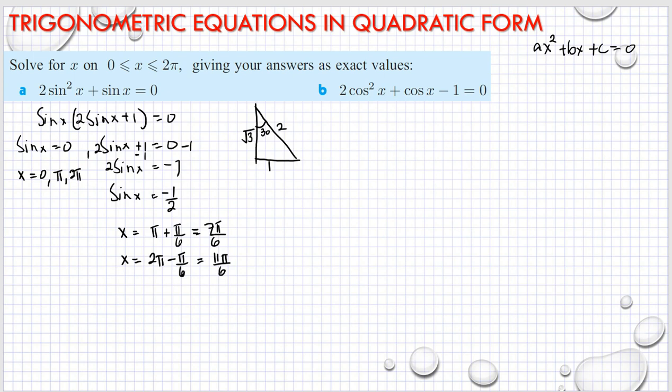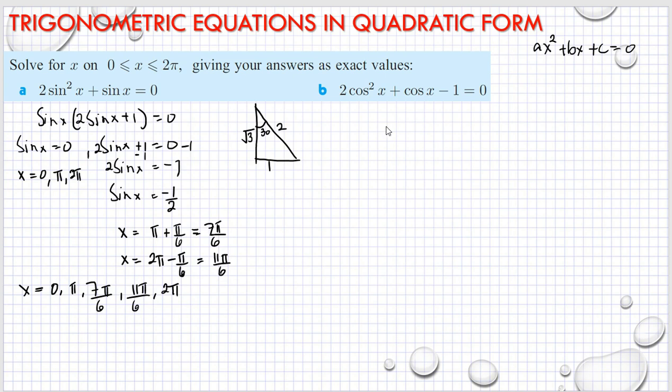So if we write all our x, we have 0, pi, 7 pi over 6, 11 pi over 6, and 2 pi.